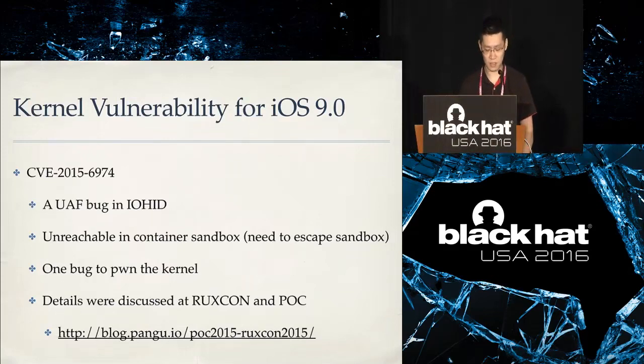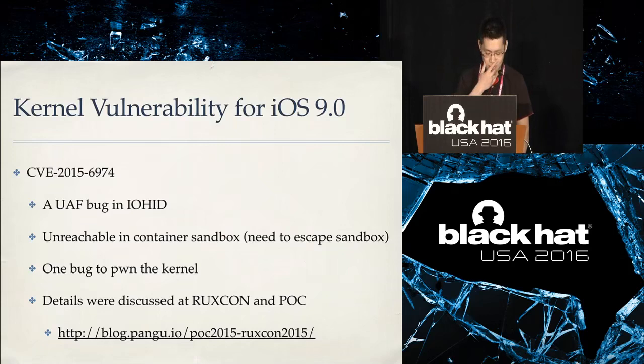So the first one is what we used in the iOS 9.0 jailbreak. It's actually a use-after-free bug in IOHIDFamily. It's actually very easy to find if you audit the source, because IOHIDFamily is open source.